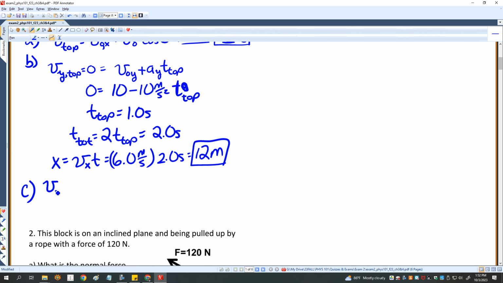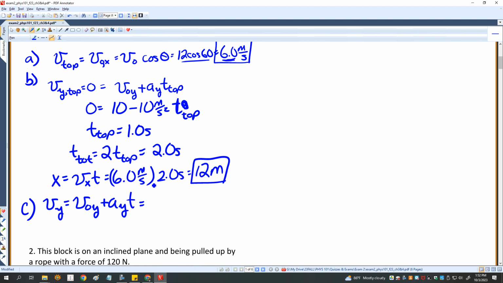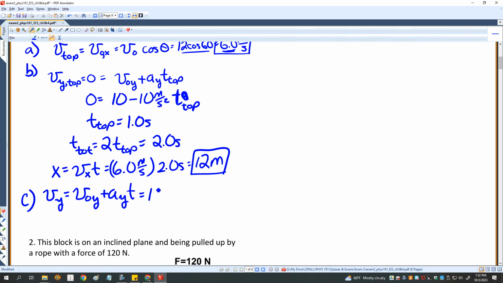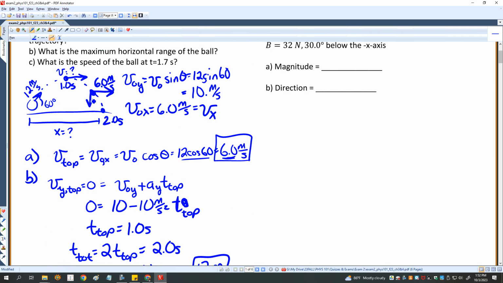Vy at that time is equal to V naught y plus a y t. That's V naught y, 10 meters per second, plus negative 10 meters per second squared times 1.7 seconds. 10 minus 17 is negative 7 meters per second. The negative should tell me that I'm doing okay, because I know that velocity is going to be negative. It is in the downward direction because I've passed the 1 second mark.